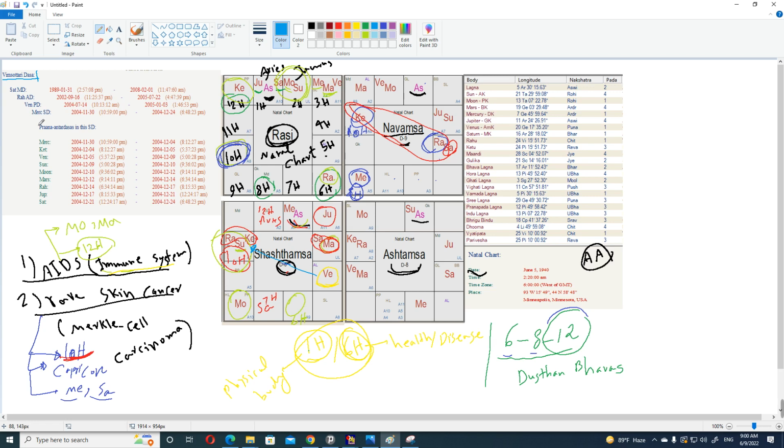For comparison, to understand what we are doing, we are going to find the time trigger of skin cancer and the event of death for the native. He died in December 2004, and we are going to check the dynamic time period of his death astrologically. Vimshottari Dasha is a Dasha period that you calculate as per the position of the moon in the main chart, in which star or nakshatra.